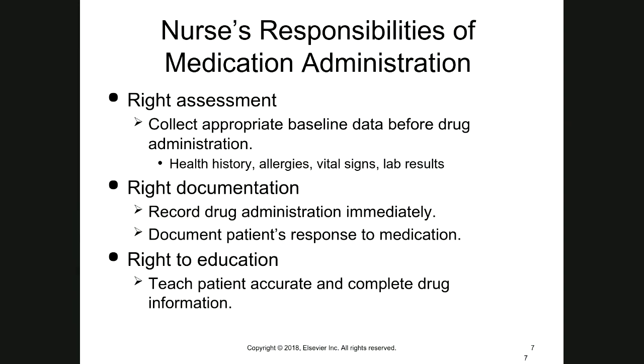The right assessment requires collection of appropriate baseline data before administering the drug. Say, for instance, make sure you get the labs for digitoxin, and you want to take a pulse for a full minute.